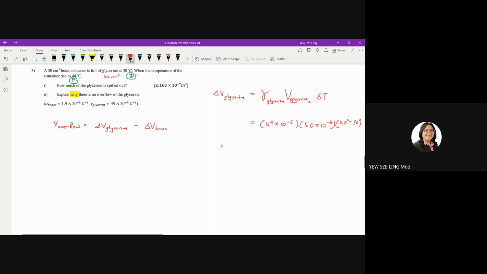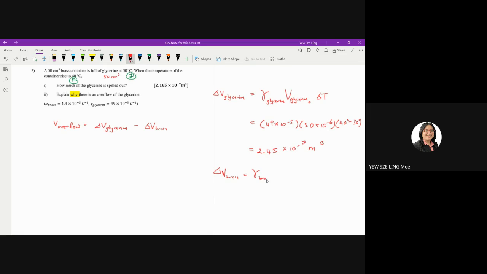And delta V is then equal to 2.45 times 10 to the power of negative 7 meter cube. Not 2.85, sorry, 2.45. So you just repeat the same step for brass.